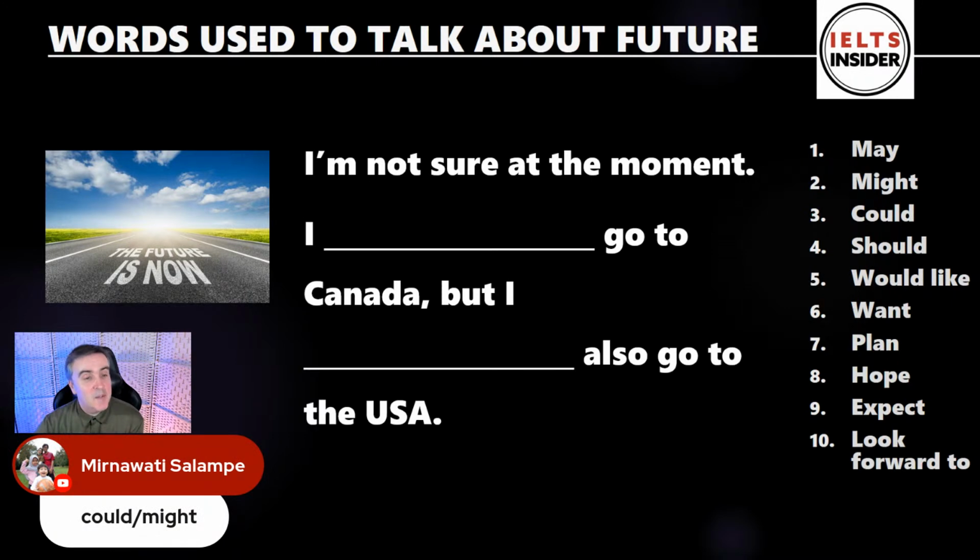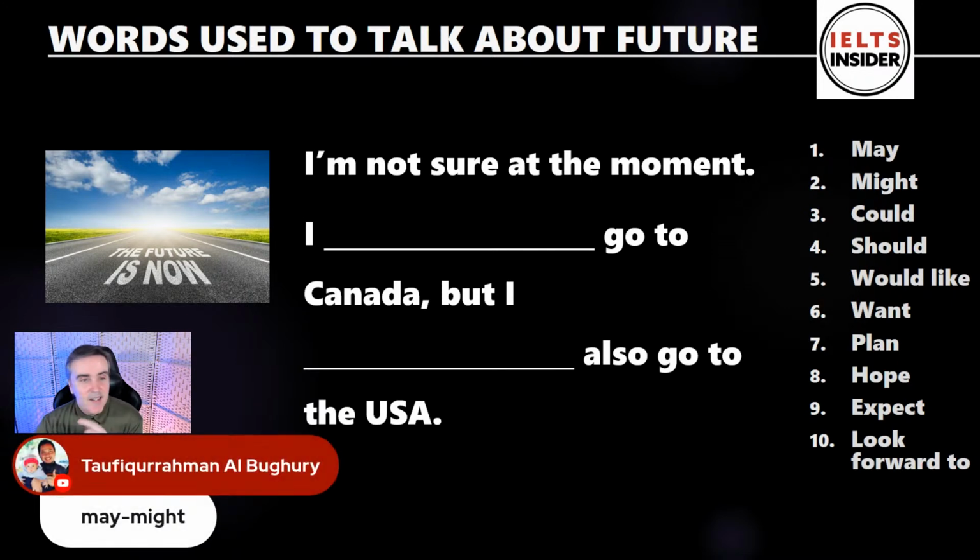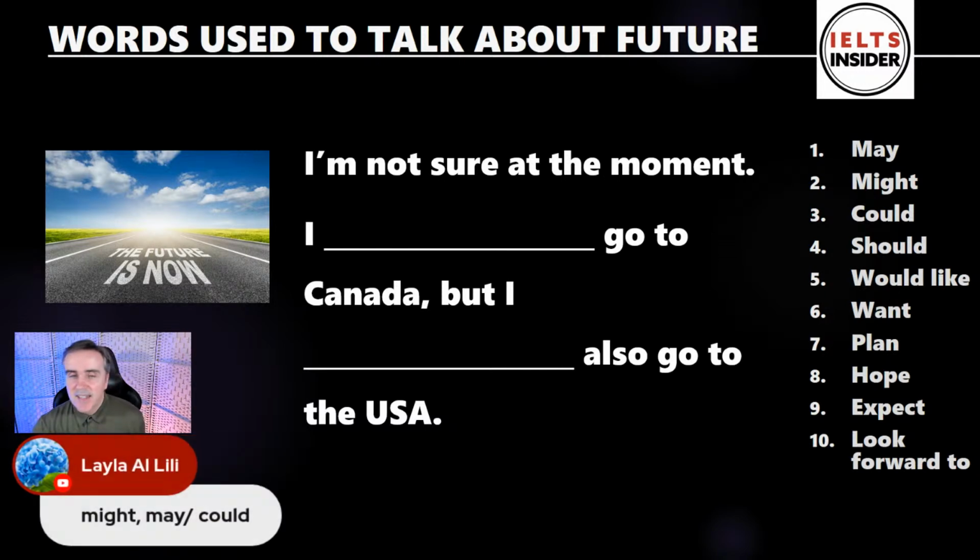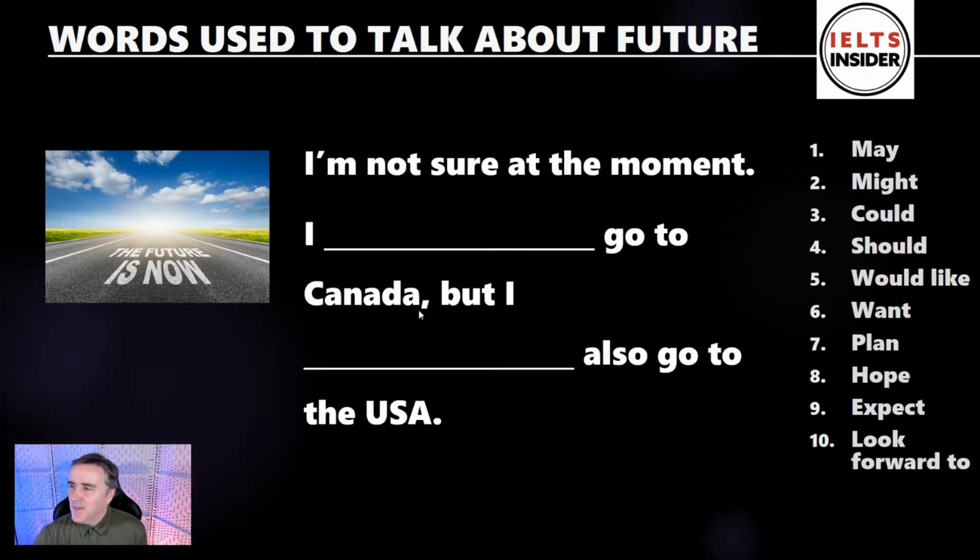Mirnawati, could and might. I'm sorry, this name's very difficult. I'll just call you Al here, if that's okay. May and might. Layla, may, might, and could. Yes, I think these are the three. So all three of these words could fit in here and not change the meaning of these sentences.